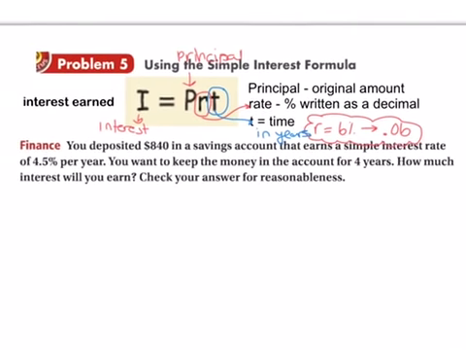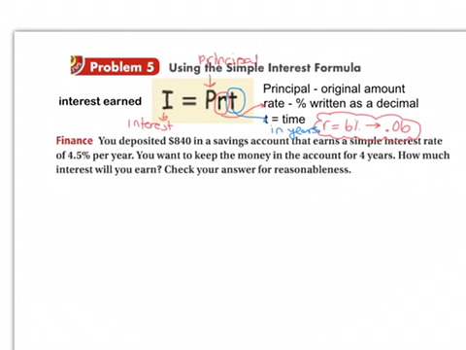So we can go ahead and take a look at this particular problem here. I always, as I read it, kind of make an information box. You deposit $840. That's the principal, the amount that you're starting out with, in a savings account that earns a simple interest rate of 4.5% per year.